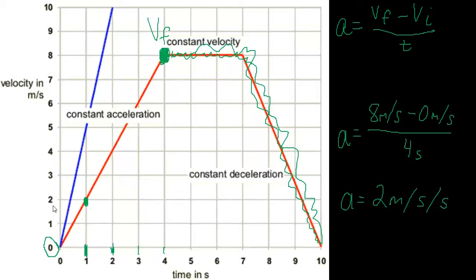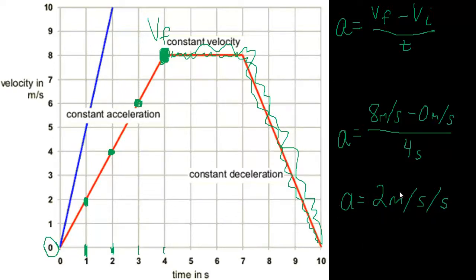Our velocity has changed by 2 meters per second. So for every second that goes by, velocity is going to increase by 2 meters per second. Once again, 2 seconds goes by. Well, now our velocity is 4 meters per second. So we added an additional 2 meters per second. 3 seconds goes by, we're at 6 meters per second.